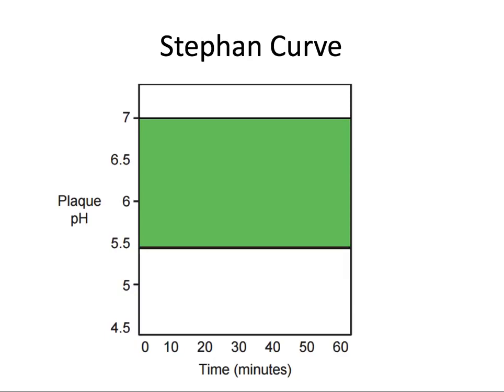Next, let's talk about the Stephan curve, which almost always shows up on the board exam in some capacity. We have plotted on the y-axis the pH of the plaque, and by extension, the mouth and the oral cavity. The lower that this pH is, the more acidic the oral environment. On the x-axis is time in minutes.